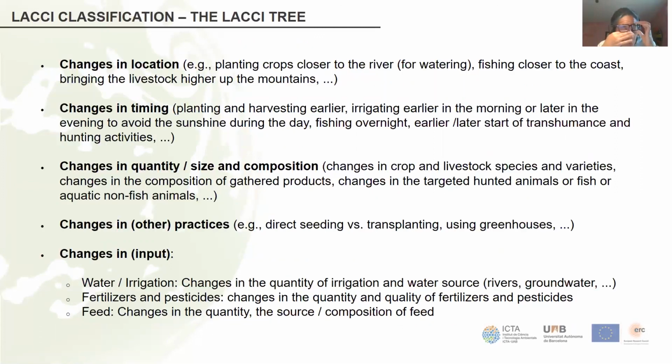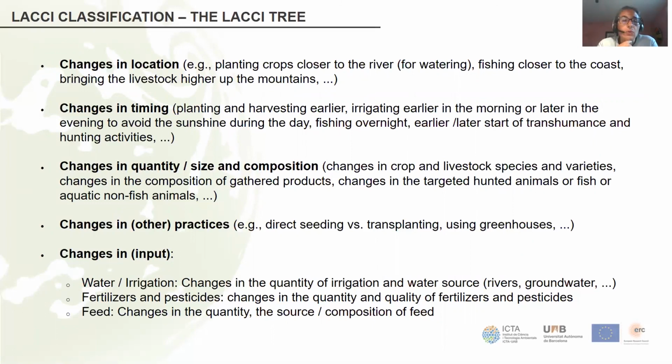So in the same way that we have done a LICCI tree, Anaes is working intensively on this LACCI tree, that I don't have a visual image of, but basically it's the same idea: we are looking for a way in which we could classify adaptations that occur through the different climates and through different livelihood strategies, in a way that all the adaptations could be compared.